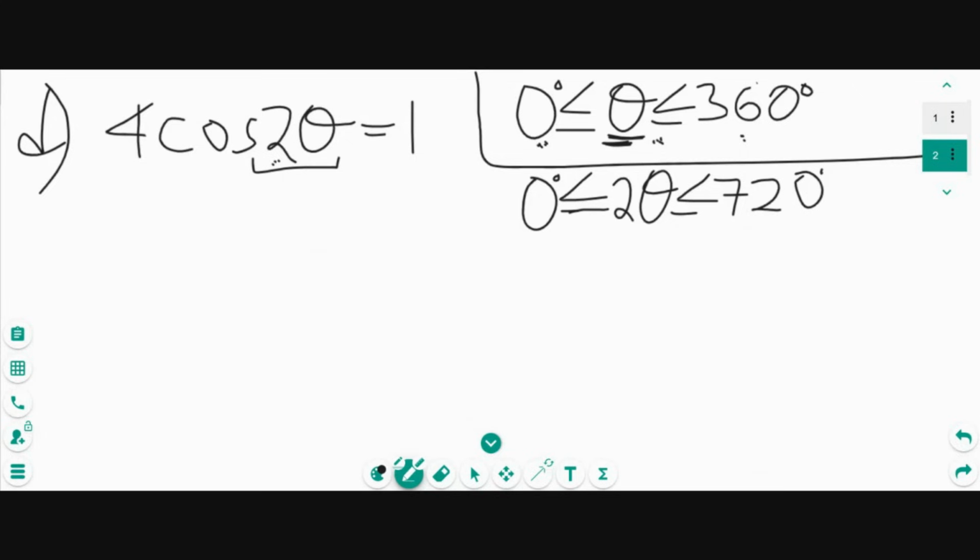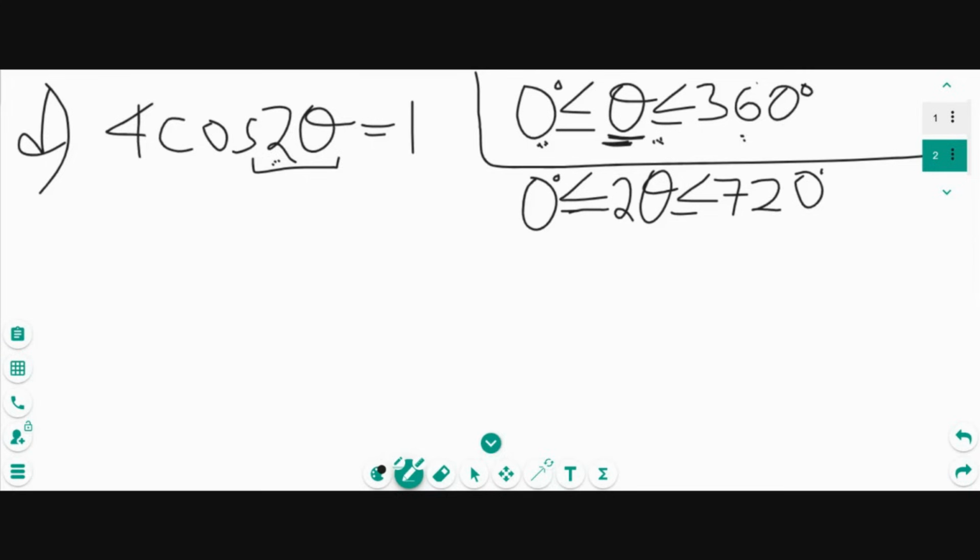Do you understand this example? So I'm going to leave cos 2 theta on one side.